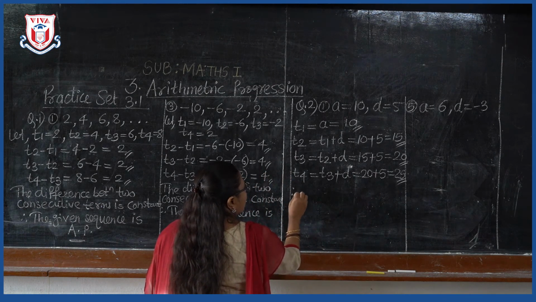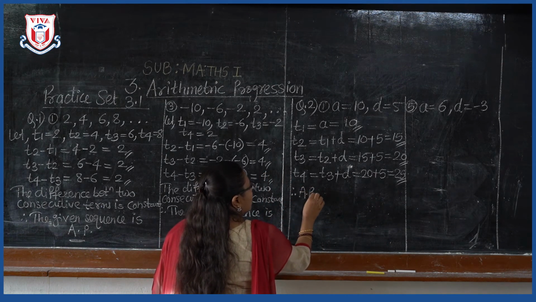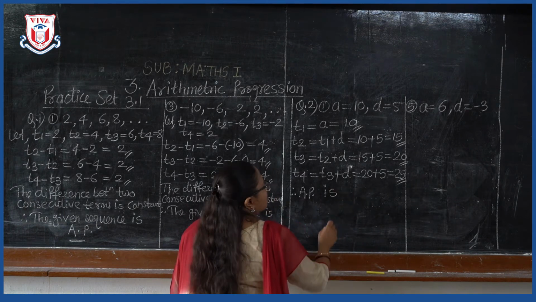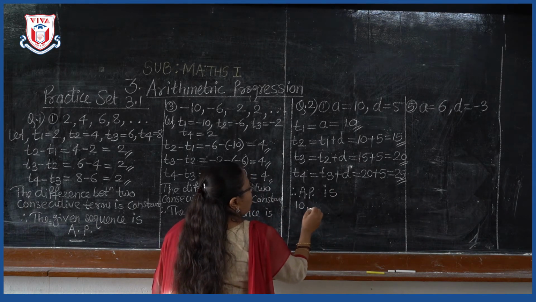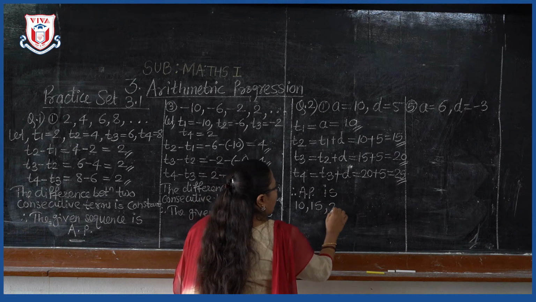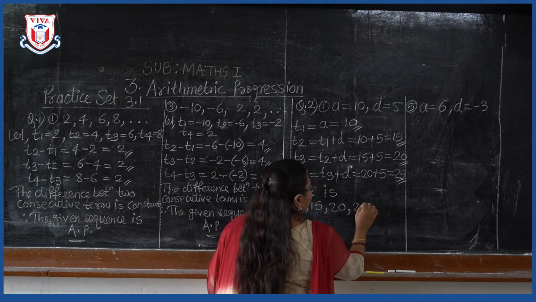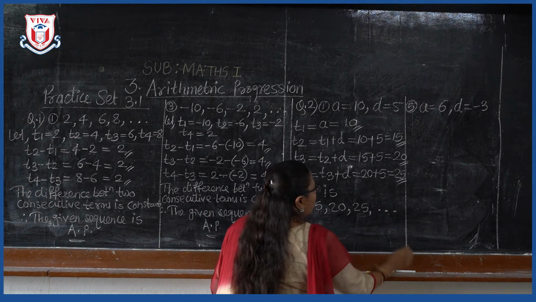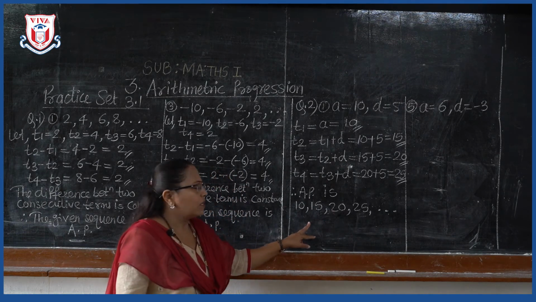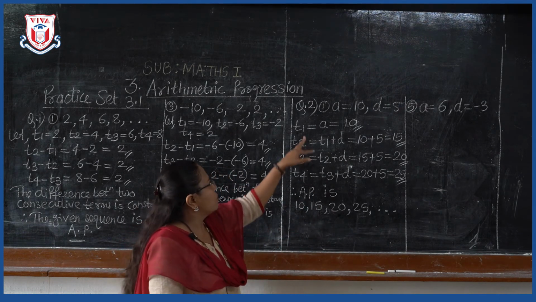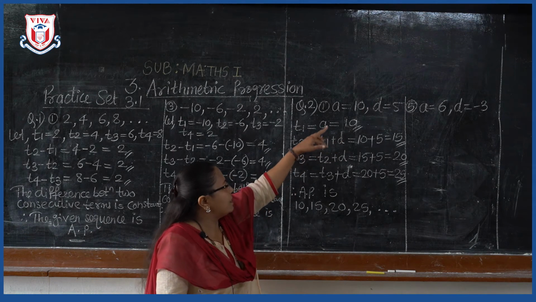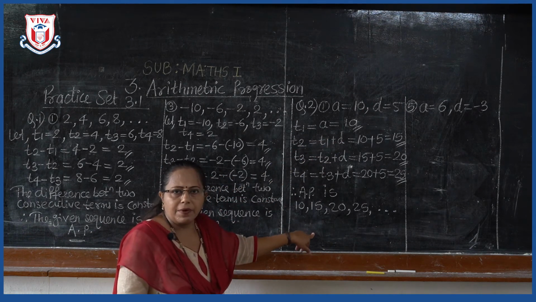So therefore AP is 10, 15, 20, 25 and so on. So this way we create AP. If you know the first term and common difference, you can create AP.